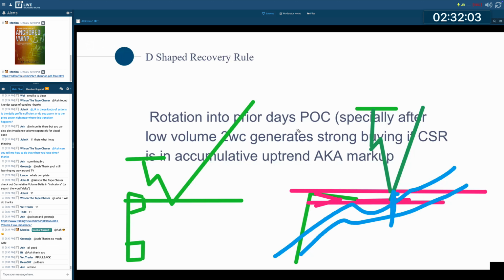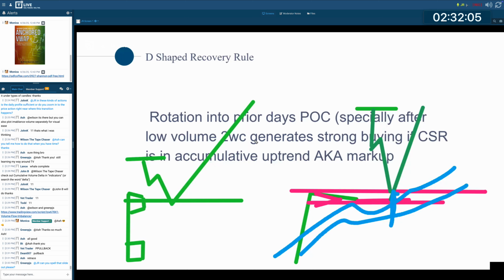So this is definitely similar to the polarity shift rule, but it's all about rotation. You've got some profit takers here, and the failed rotation to the prior day's high volume node, the area of high transaction, if it matches a closing pivot, even better, is confirmation that the CSR is still bullish.